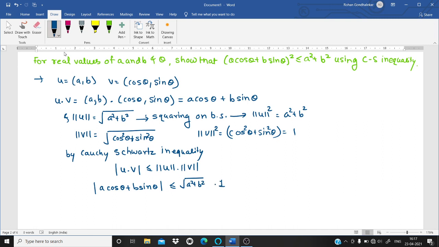So squaring on both sides, as I am taking the square on the left hand side, the modulus is itself a positive quantity, and the square of any quantity is also positive. So I'll just remove the modulus sign. So we have (a cos theta plus b sin theta) square is less than or equal to a square plus b square. Fine. So this is how we prove this particular example.